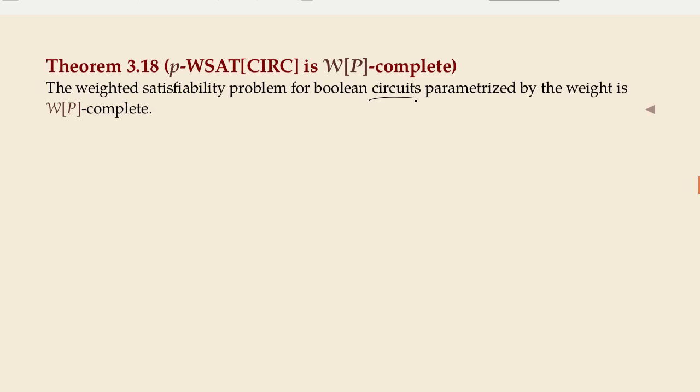Proving this theorem in all details involves a lot of techniques from circuit design, so a lot of technical lemmas on how you can construct certain circuits with certain properties. And to make it worse, you also need several simulation results from theoretical computer science that I would not want to go into in detail. But I just very roughly sketch the proof idea, okay? So this is not something I'll expect you to know in an exam.